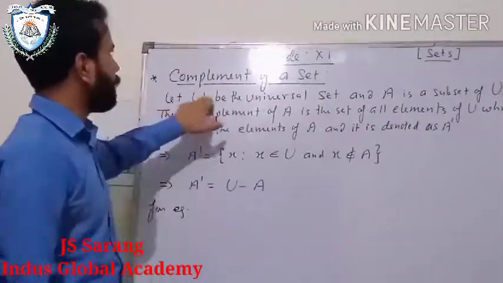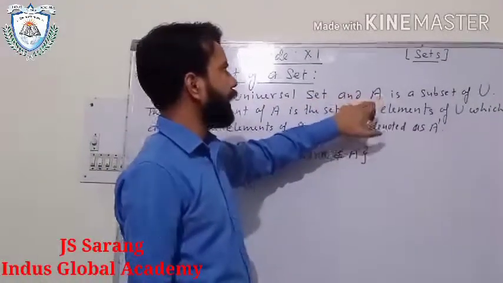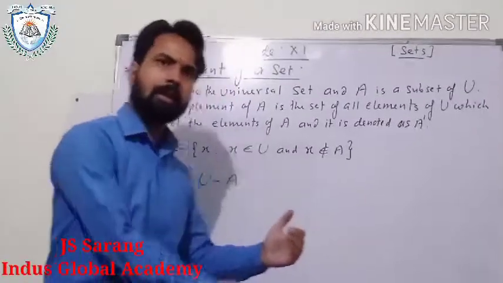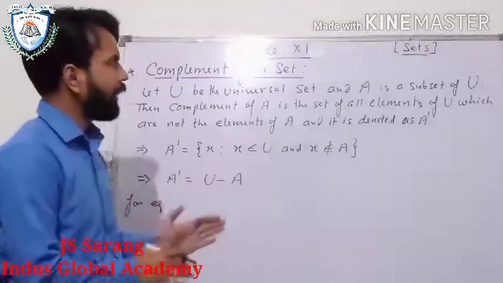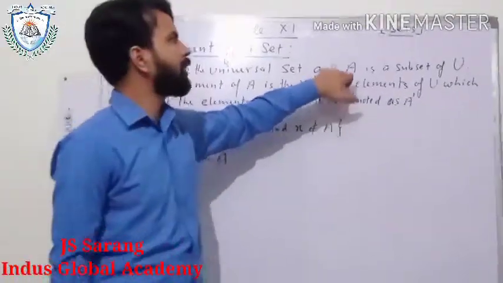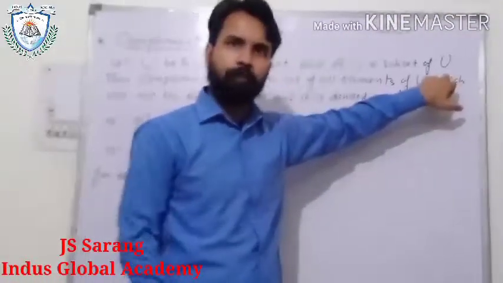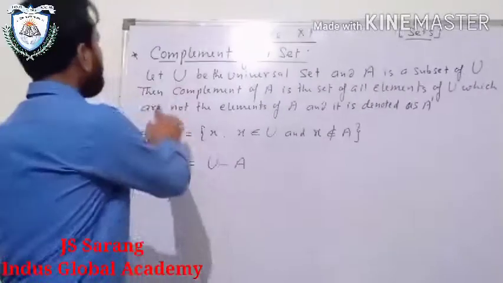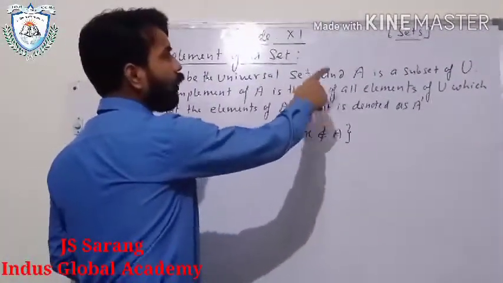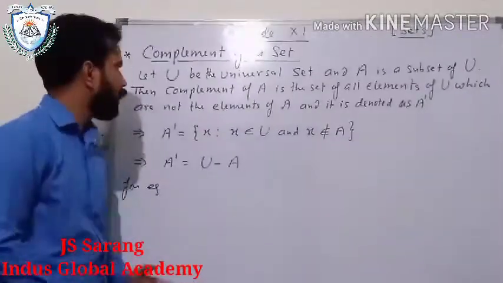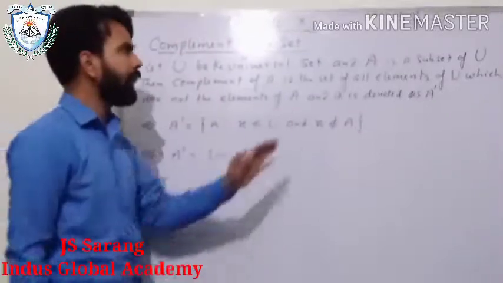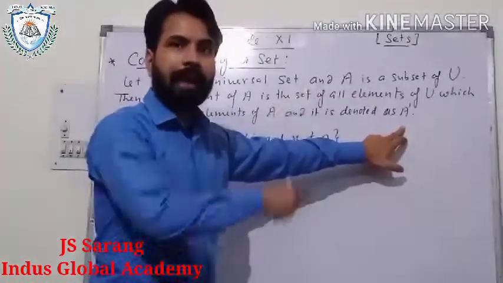So let U be the universal set and A is a subset of U. A is another set which is a subset of U. If A is a subset of U, that means all the elements of A must be in U. Understood? Then the complement of A is the set of all elements of U which are not the elements of A, and it is denoted as A dash.